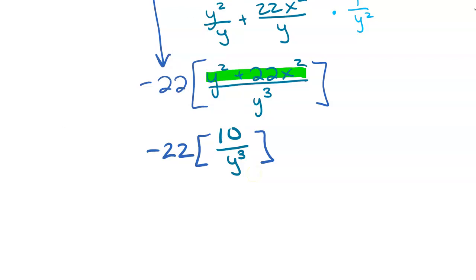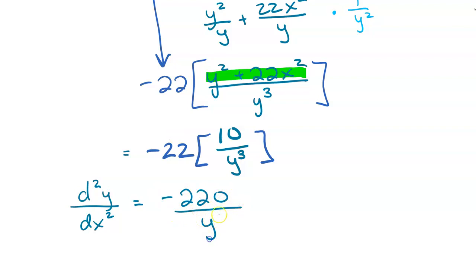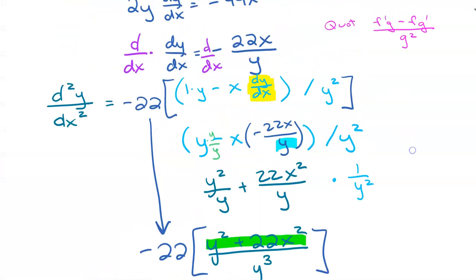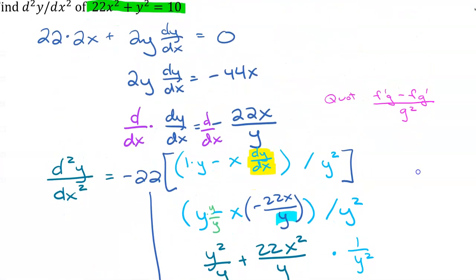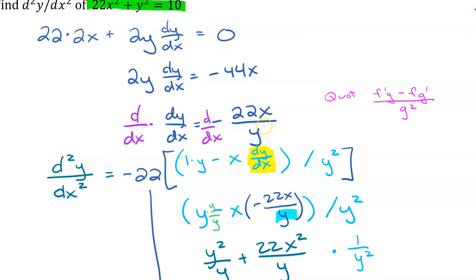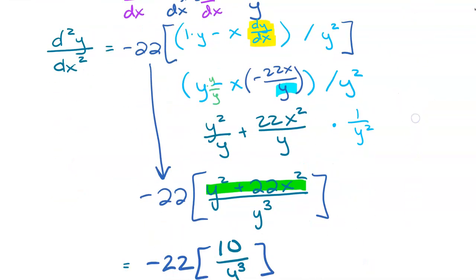There we have it. So my second derivative is negative 220 over y cubed. So you end up having two sets of substitution here. The dy dx, which we found first, and then the original in the green. Be very careful and don't skip steps.